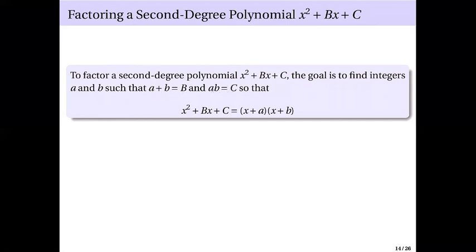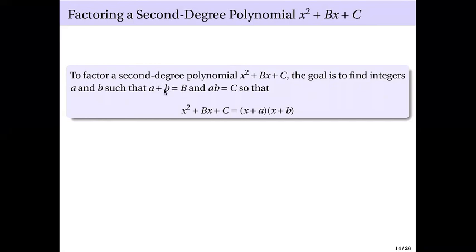So the question is, how do we do this in actuality? You start with capital C and try to factor that capital C. So you get two factors of capital C. And once you have the two factors, you try to add them.